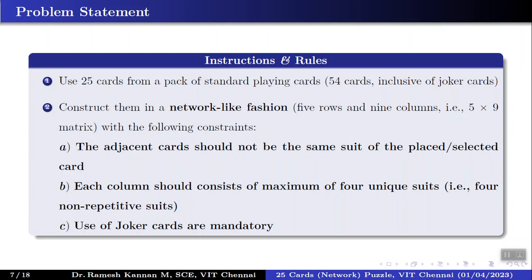Then, as I told you, we have 9 columns and 5 rows, and each column should have a maximum of 4 unique suits. Supposing you have spades, clubs, hearts, and diamonds, then you should not have repetition like 2 spades or 3 spades. That should be avoided. So four unique suits should be provided in each column.